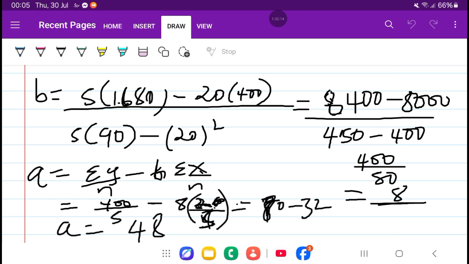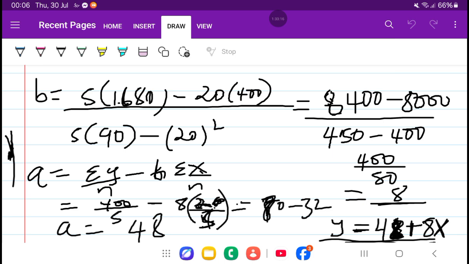So we write our equation as y equal to, our A is 48 plus 8x, 48 plus 8x.